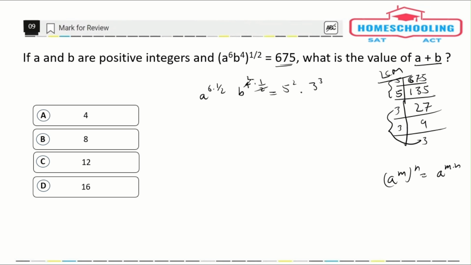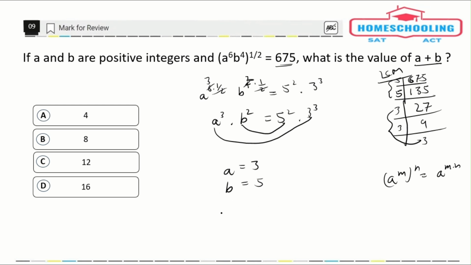So you can further write it as a cube into b square is equal to 5 square into 3 cube. As we can see, we can equate these, so a is equal to 3 and b is equal to 5.